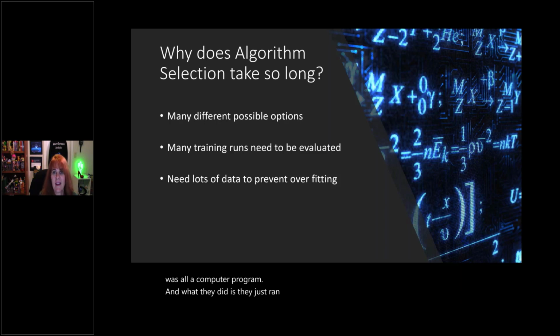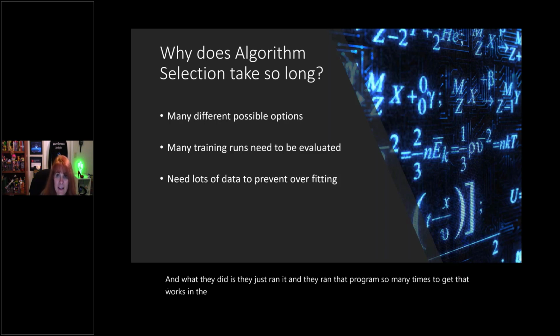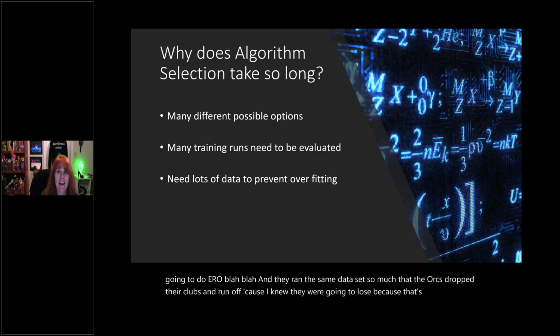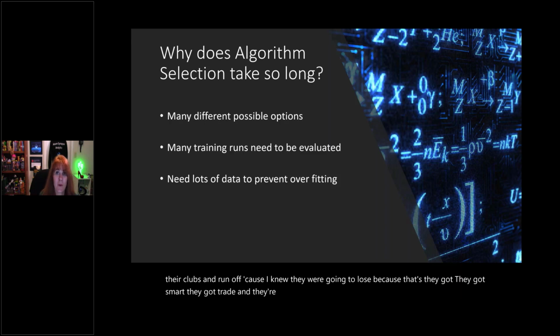They ran that program so many times to get the orcs and the elves and the humans to fight, and of course they waited, what's a club going to do, arrow, and so on. And they ran the same data set so much that the orcs dropped their clubs and ran off because they knew they were going to lose. They got smart, they got trained, and they're like, we're all going to die, so we're going to run off. So keep that in mind.